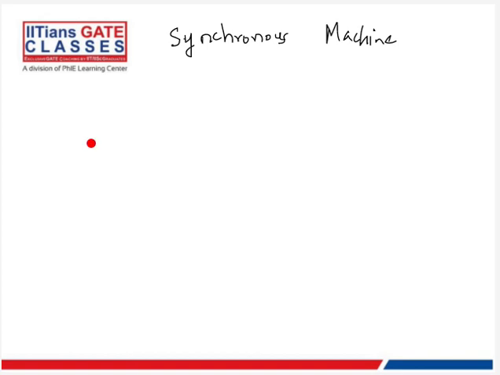Okay. Synchronous machine. So basically, if you see, an induction machine does not have a separate exciter circuit, but a synchronous machine has a separate exciter circuit, right?